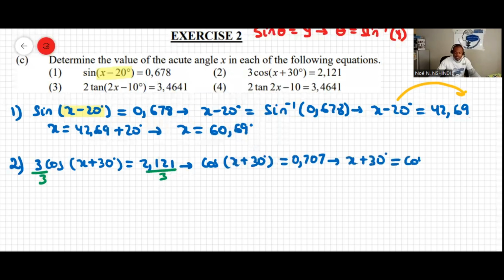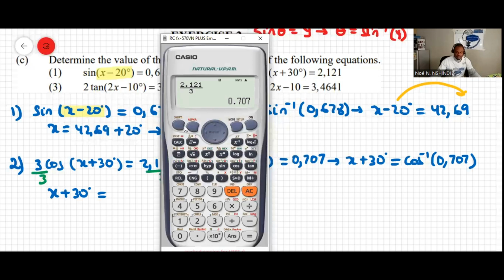Now when I see cos, I use cos inverse of 0.707. So x + 30 degrees will be equal to, I can press shift, then cos of 0.707, close bracket, and hit the equal button, and that makes 45.